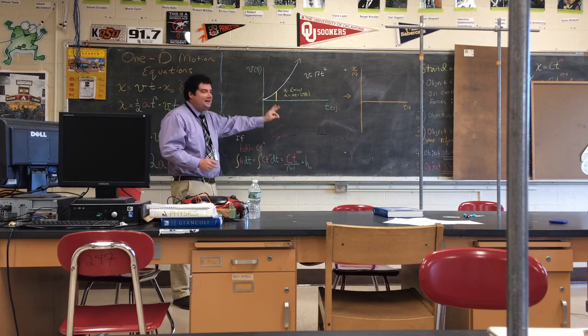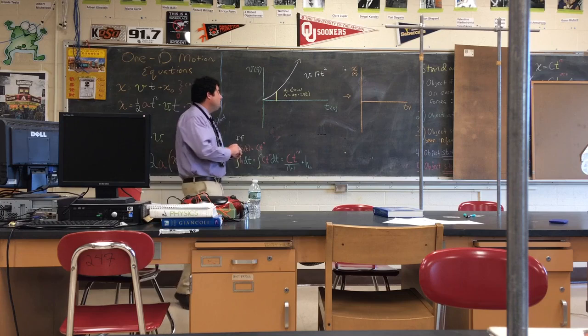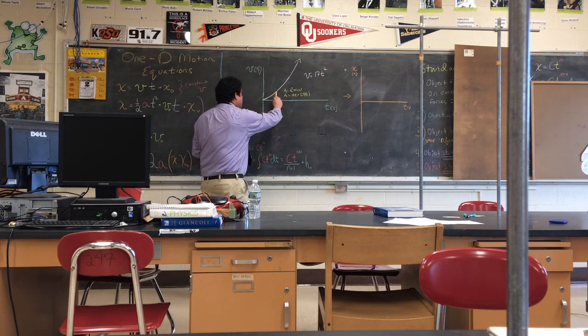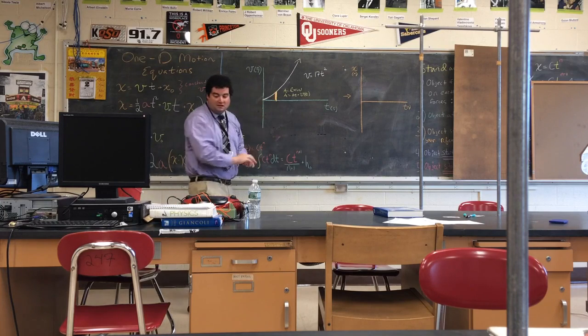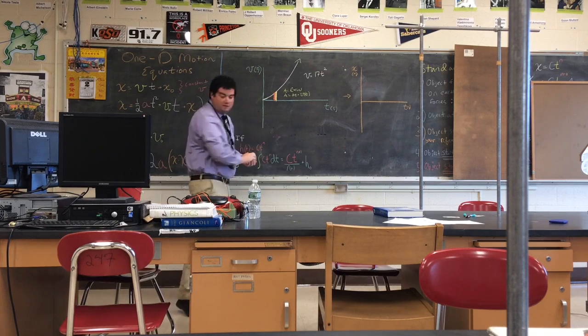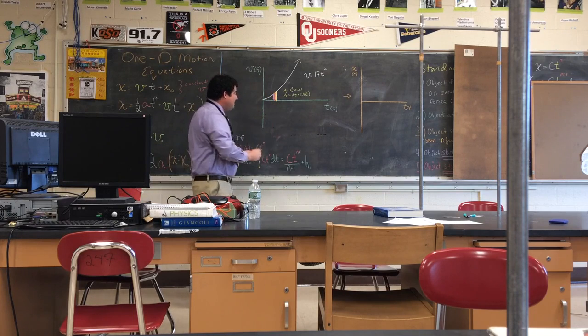So we would add up all of these little numbers for all these little slices that we could take. We could take another infinitely thin slice there, and another one here, and another one here.